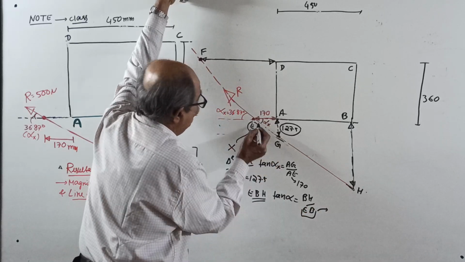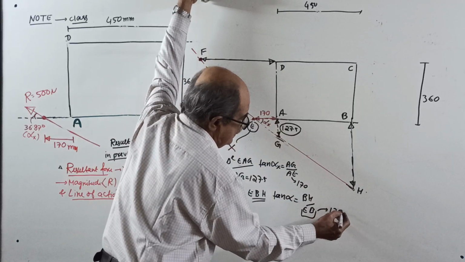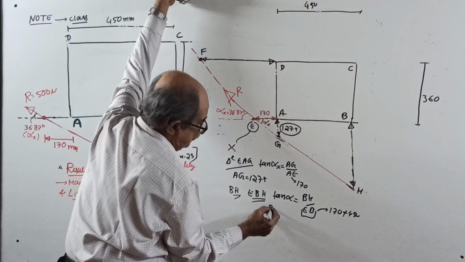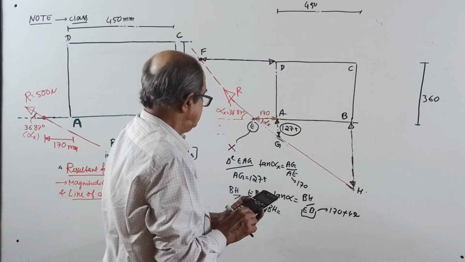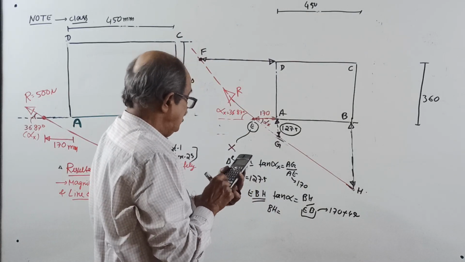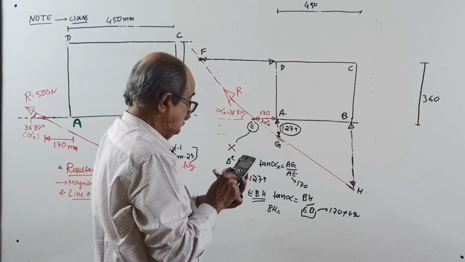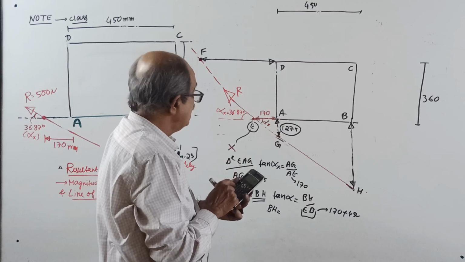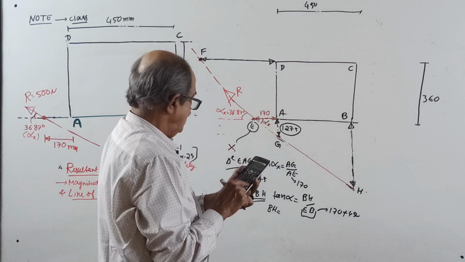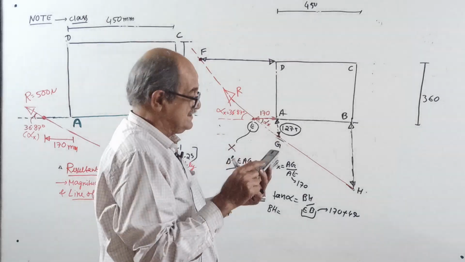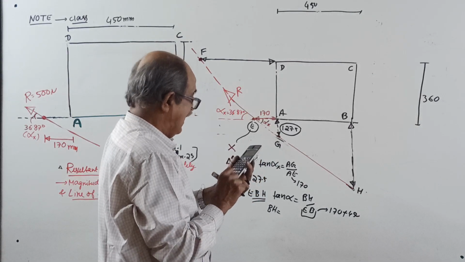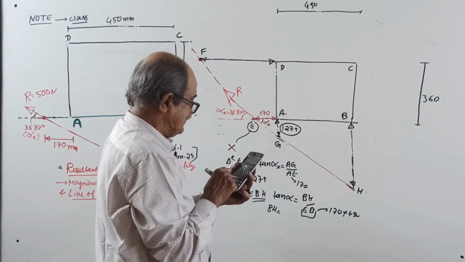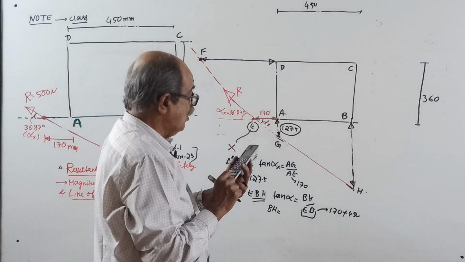But EB equals 170 plus another 450. Therefore you get the value of BH. How much is BH? 170 plus 450 into tan 36.87. I am getting lakhs, I think by mistake I put the multiply button. 170 plus 450, into tan 36.87, gives 465 millimeter.